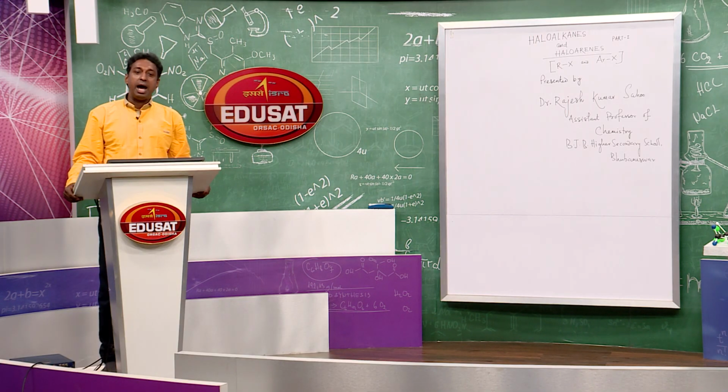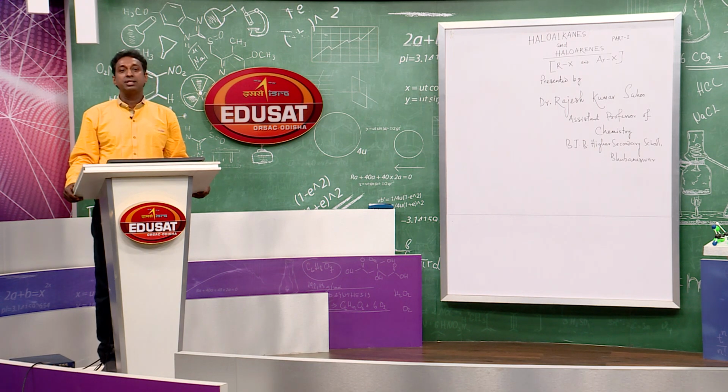Students, haloalkenes and haloarenes are organic compounds. As you know, organic compounds contain carbon and hydrogen as the basic elements.